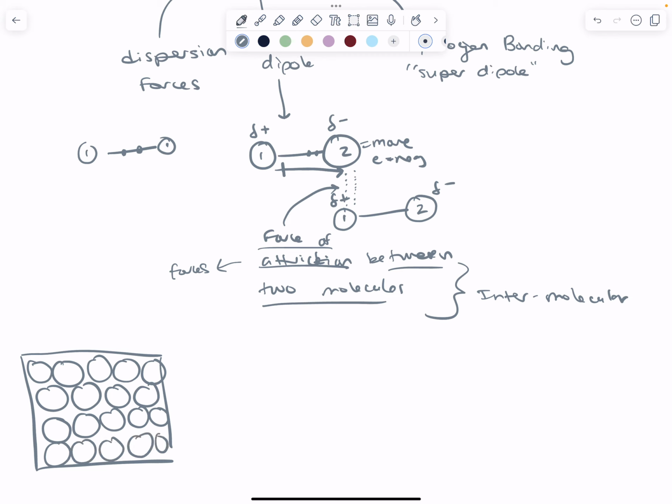The forces between these two, I'll draw this with a dotted line. I think that'll be easier to see. The forces between these molecules that are attracting one another, these are the forces that are keeping them together. So intermolecular forces are holding these things tight, close together in their solid state.